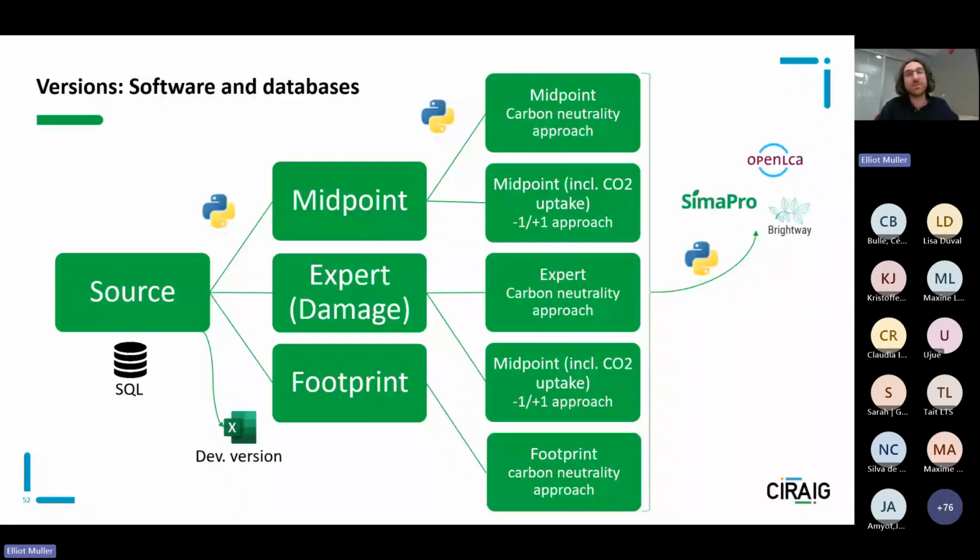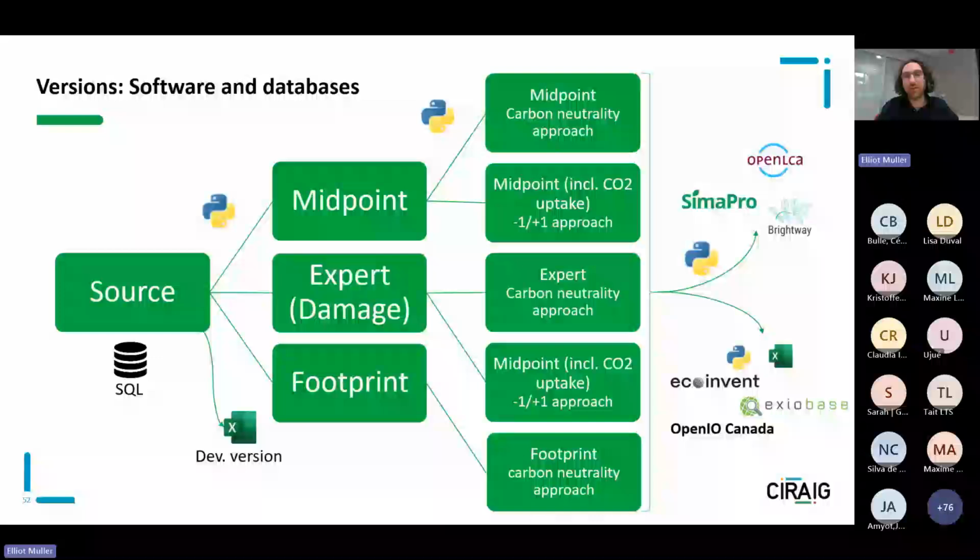that can be directly integrated and used in three of the main LCA tools currently available, namely SimaPro, OpenLCA, and Brightway. We also provide Excel files that can be used directly with ecoinvent or Excel-based databases, for example.